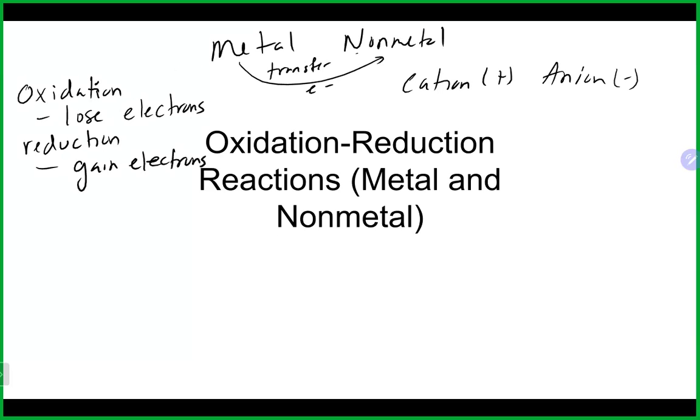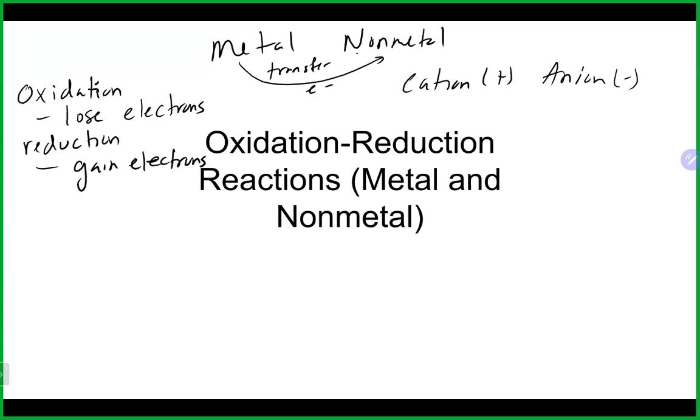There is a simple way to figure out what is being oxidized and what is being reduced. It has to do with when I lose electrons, do I become more positive or more negative? Because we have fewer electrons, more protons, we become more positive. And when I gain electrons, I become more negative, because we're gaining negatively charged electrons.